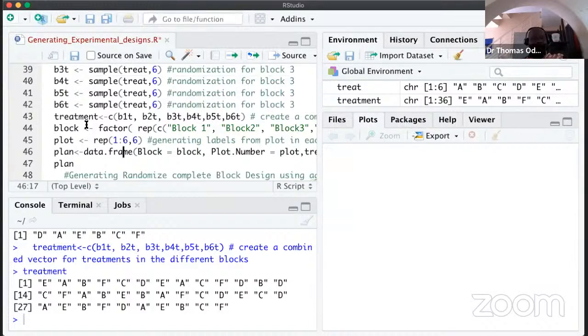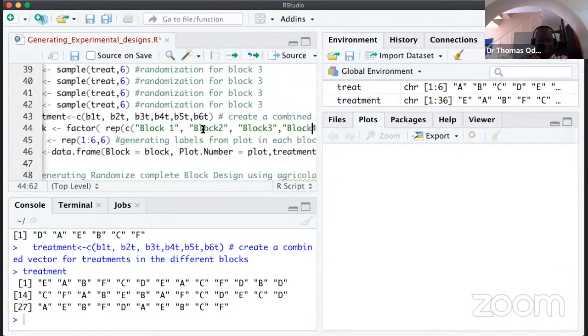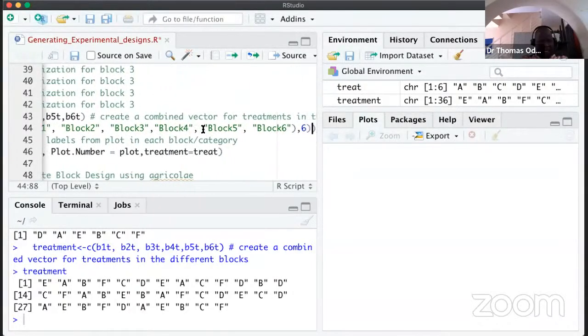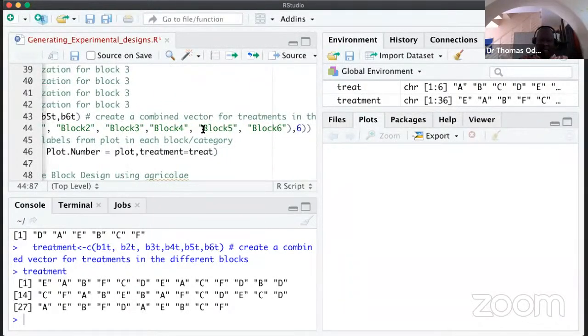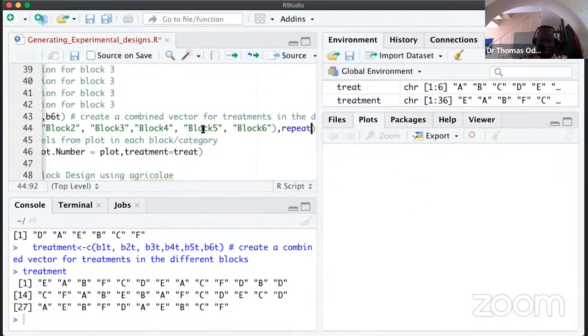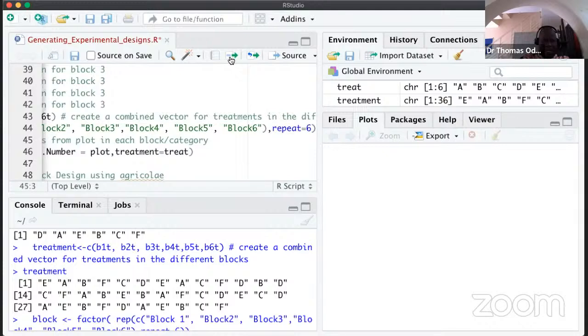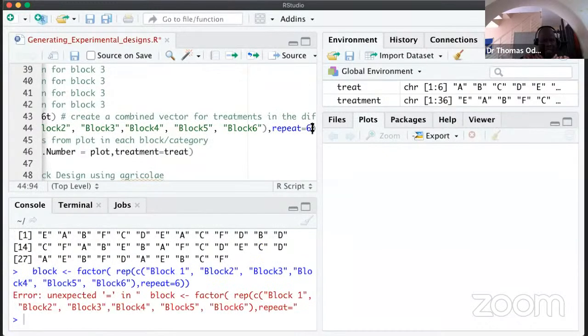That is what we need now. Okay, so I'm going to do it the dirty way.